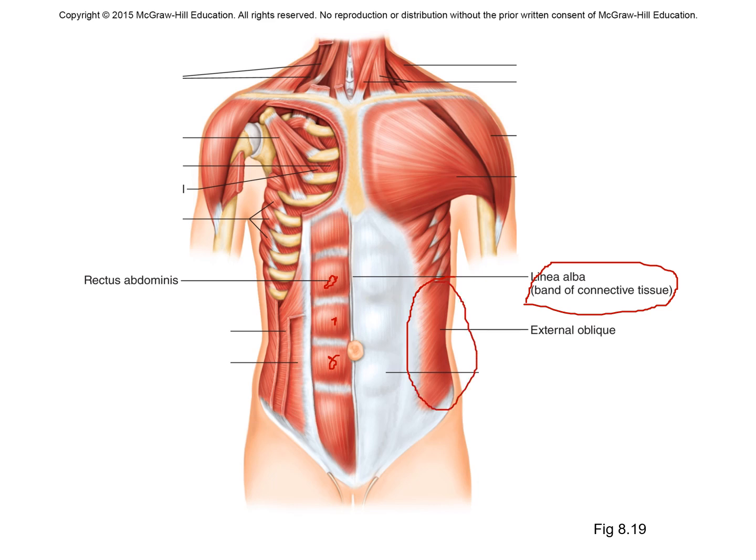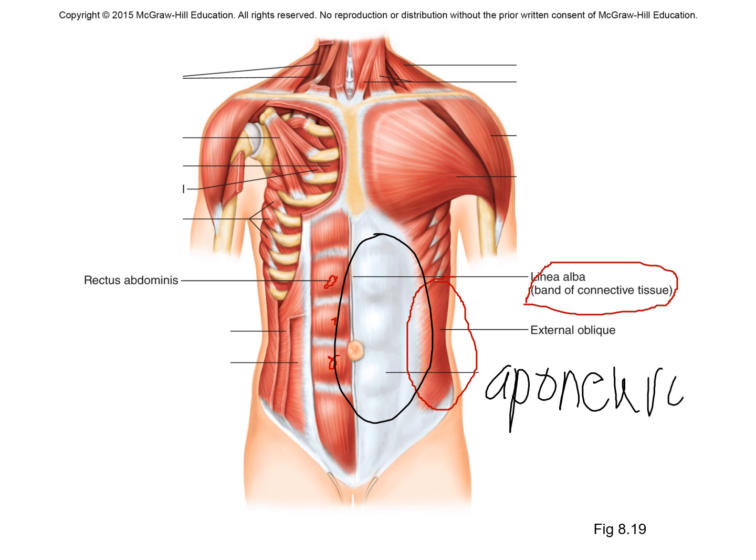Now, we also have the external oblique, and you'll find that again on the muscles on the torso models. And I'm actually going to do my best to write here. Note that the external oblique attaches to this broad piece of connective tissue. That's called an aponeurosis. And I'm using my finger, so bear with me.